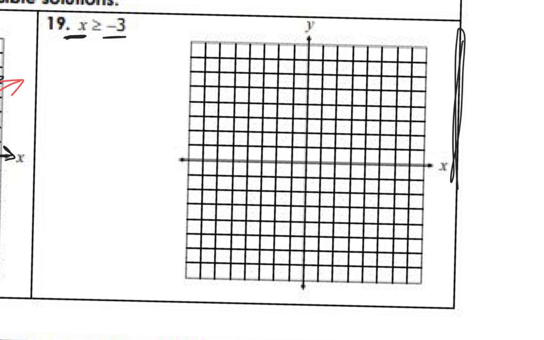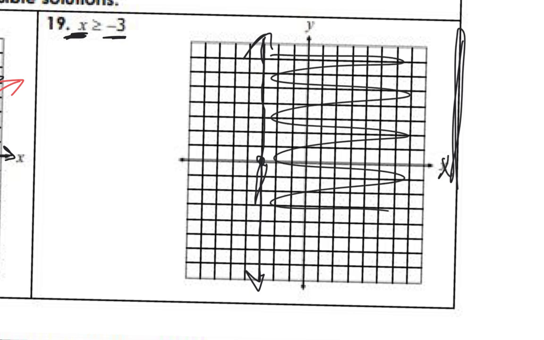So at negative 3, we're going to cross that line, and it's going to be a solid line because it's greater than or equal to. All right, so all my solutions are greater than or equal to negative 3. So on this number line, everything greater than or equal to negative 3 is over here.